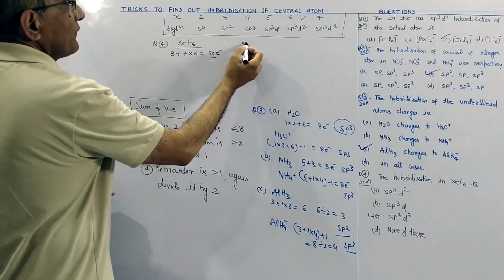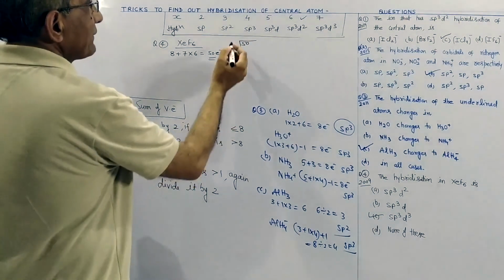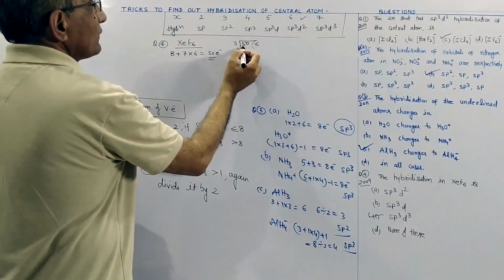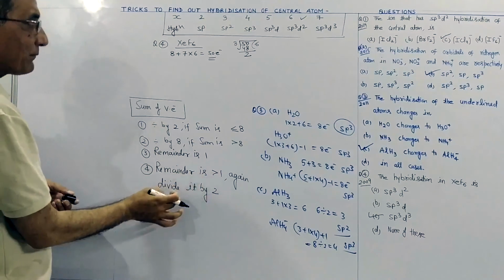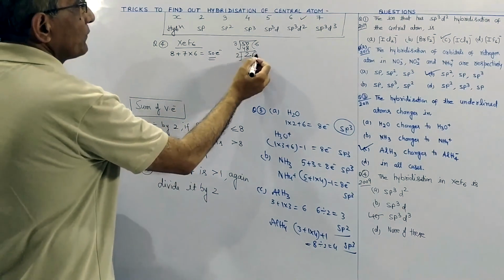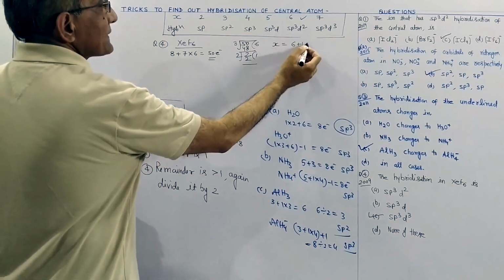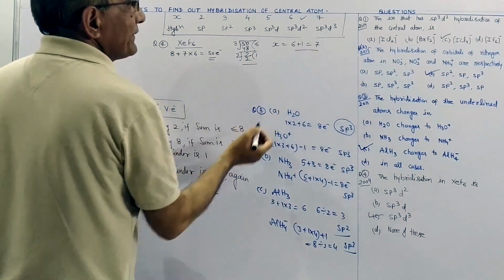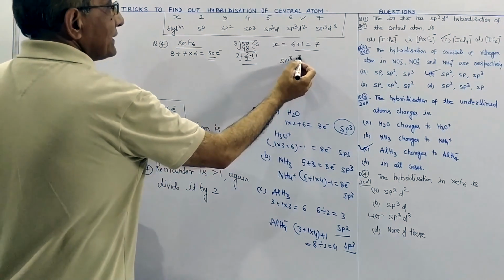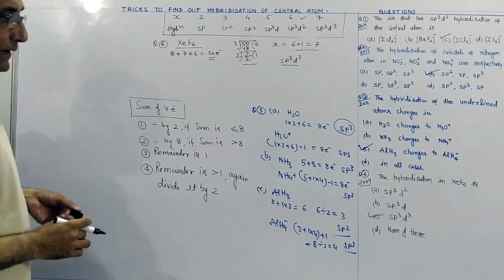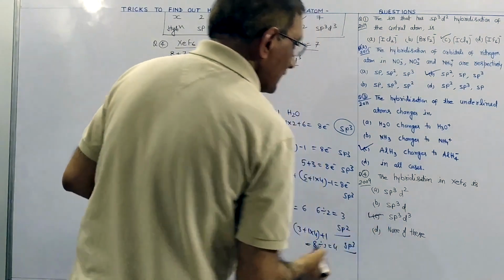Now if it is 50 electrons, we need to divide by 8. So it will be 48. Now remainder is 2. We have to divide it by 2. 6, 1. So X value will be students 6 plus 1, that is 7. If it is 7, then hybridization will be sp3d3. So it's very simple, very quick. So we know our answer will be sp3d3.